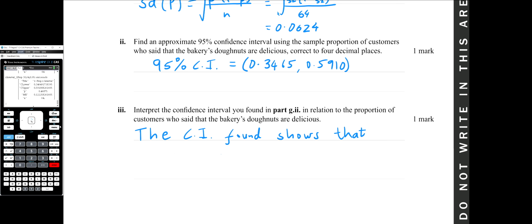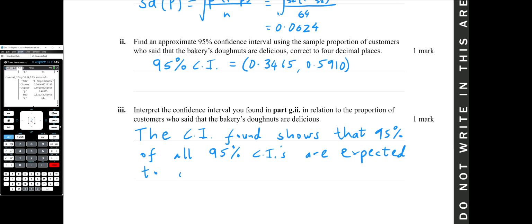It shows that 95% of all 95% CIs are expected to contain the value of P, where P is the population proportion.